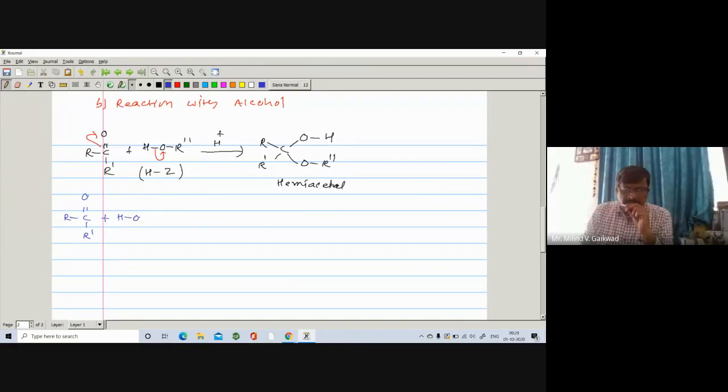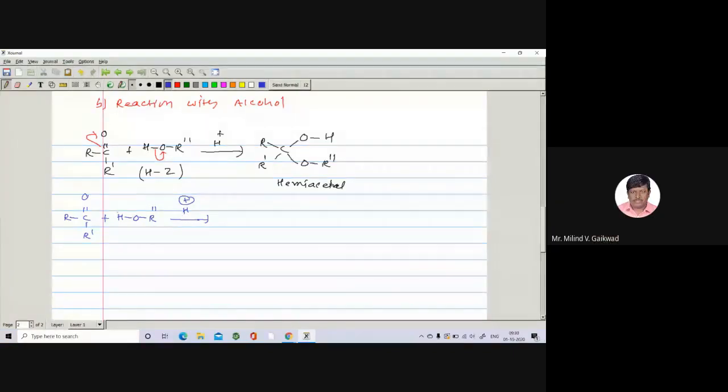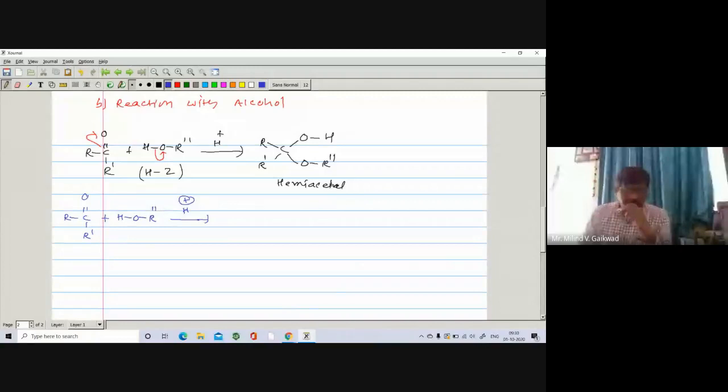It reacts with HOR''. The reaction takes place in the presence of acid, so it is an acidic medium. So acid means H plus attacks first. So it is an electrophilic addition mechanism. Previously you have seen nucleophilic addition. Here is the electrophilic addition mechanism.